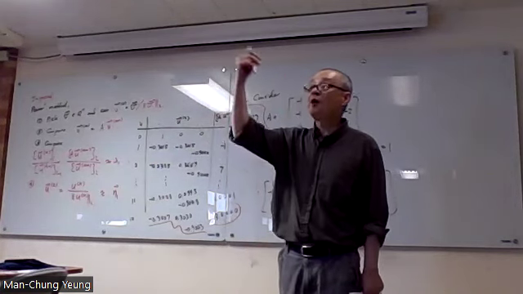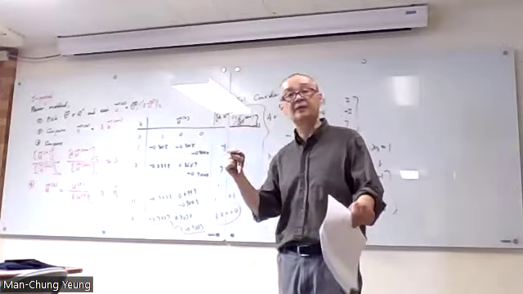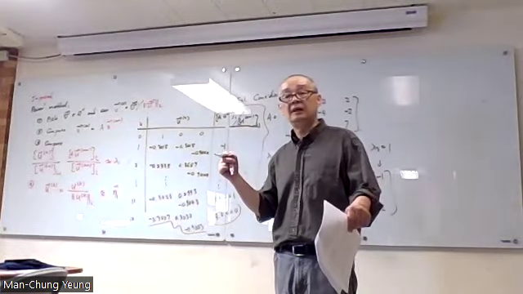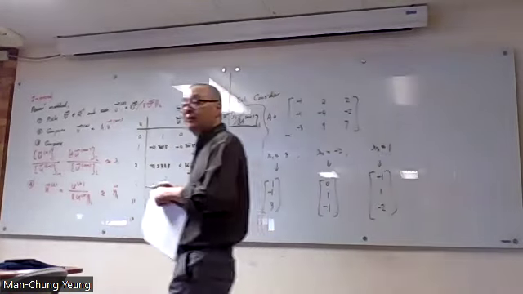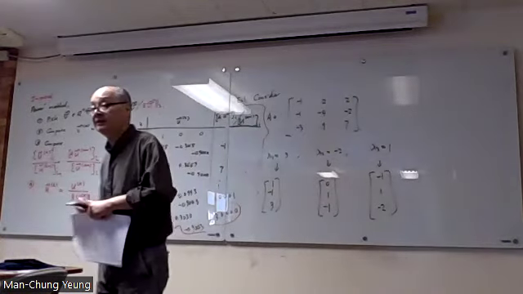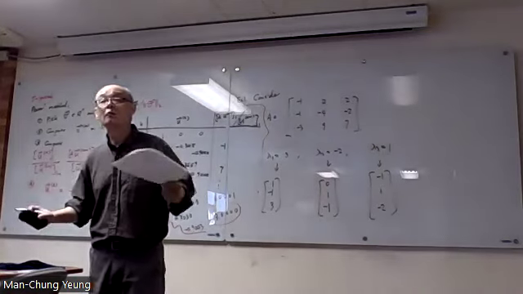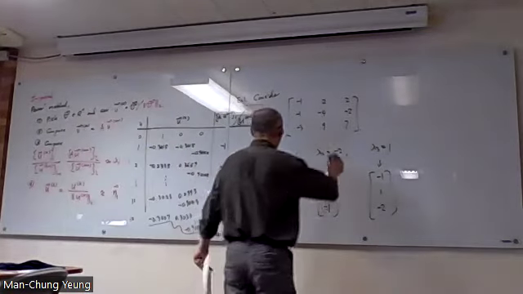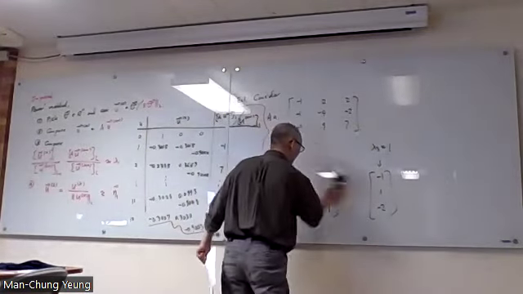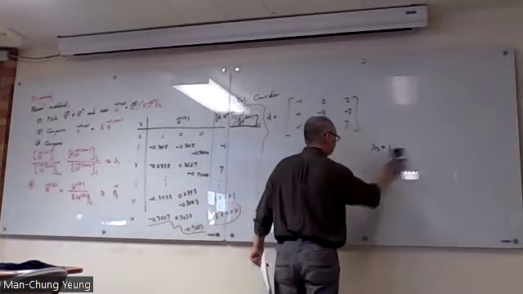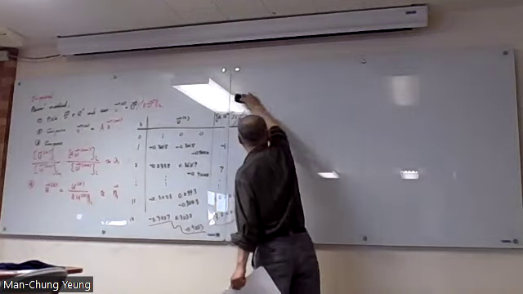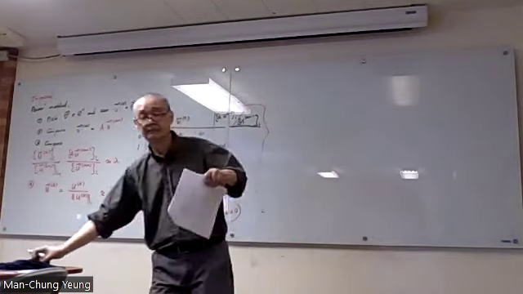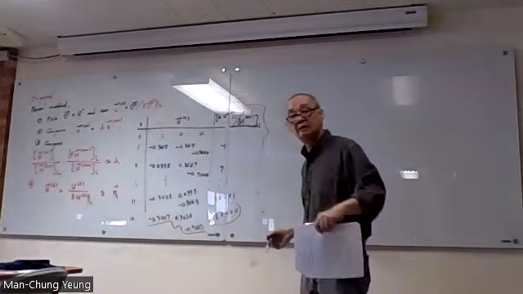The power method looks for the dominant eigenvalue. If you want to find the smallest eigenvalue, what can we do? Actually, there are some other versions, some other applications of the power method. Let me consider two cases.